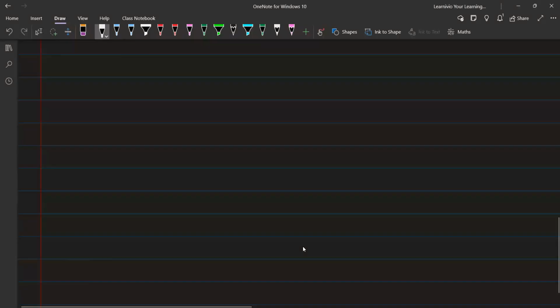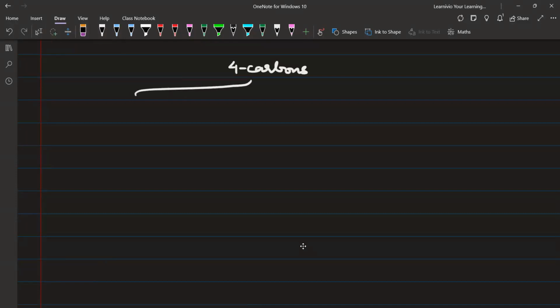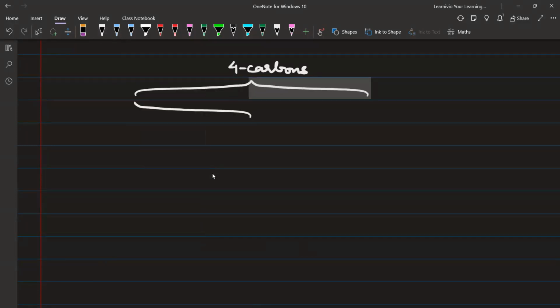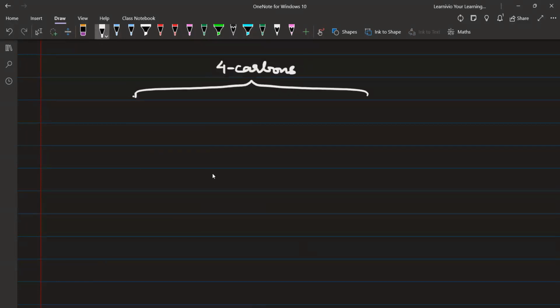Now, in four carbon atoms, we have two possibilities in the chain.